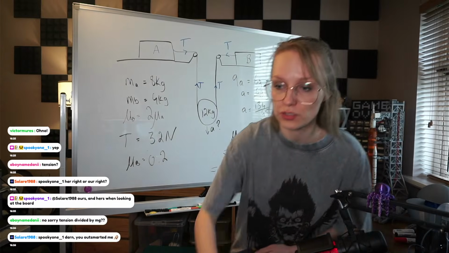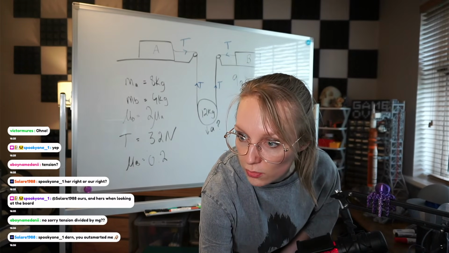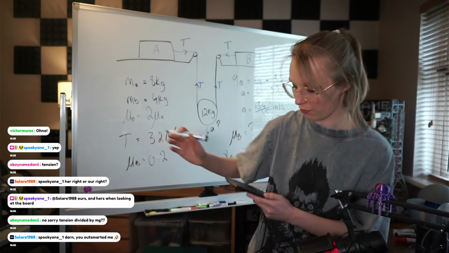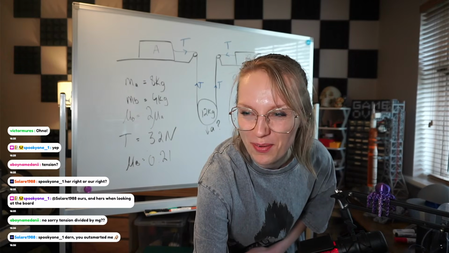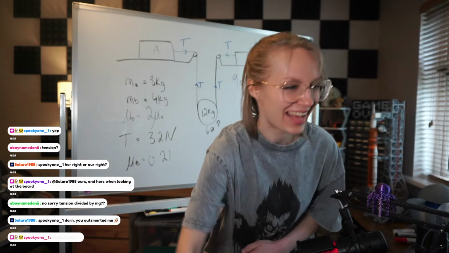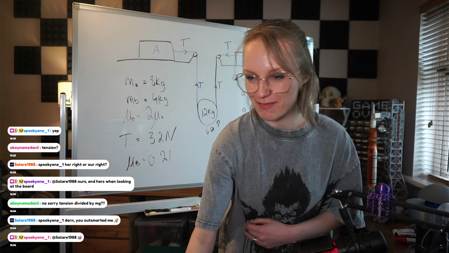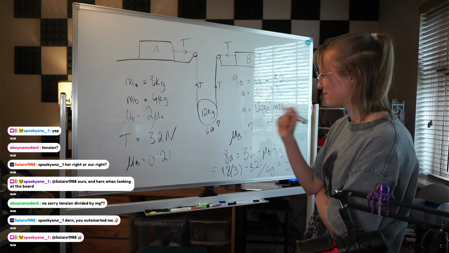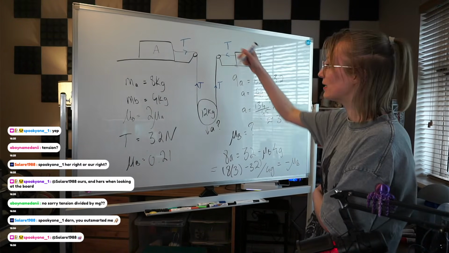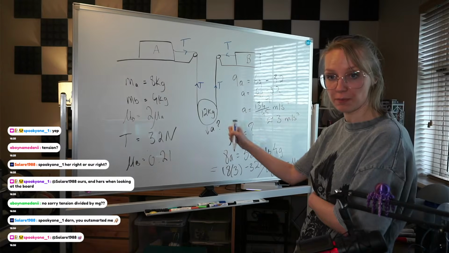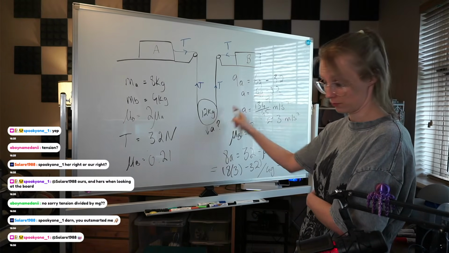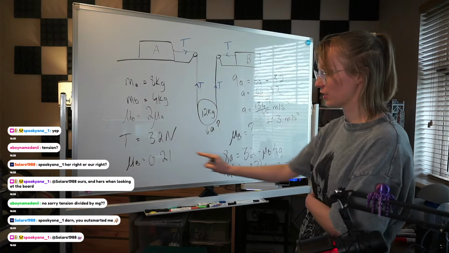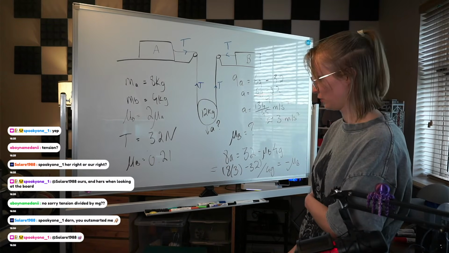Our coefficient of friction of mu b is 0.2. If we round it up, it's 0.21. And the exam paper says 0.21. And there we go, lab rats and labradoodles. We have the answer. So the pulley goes down, the mass does move down with an acceleration of 3 meters per second squared, roughly. And our coefficient of friction is 0.2.